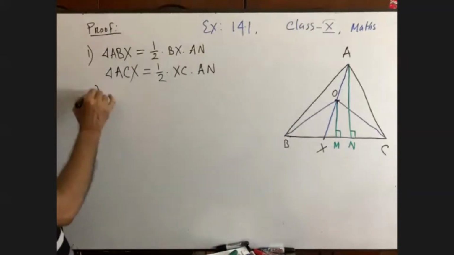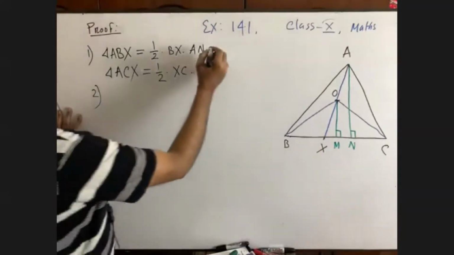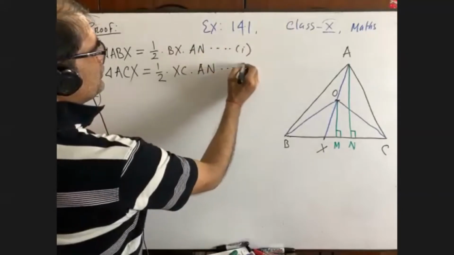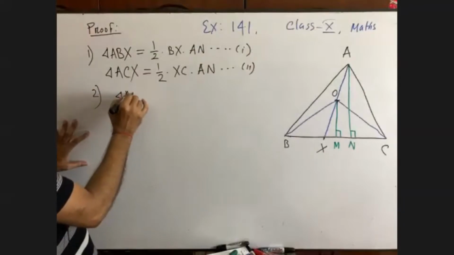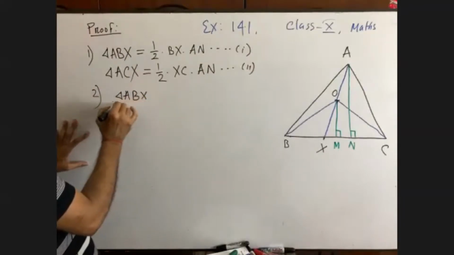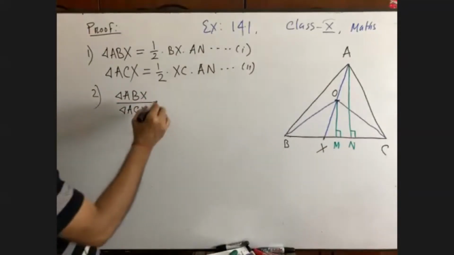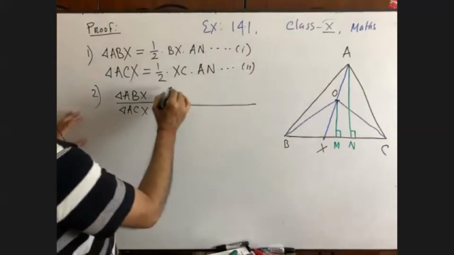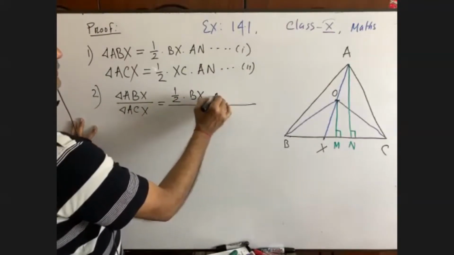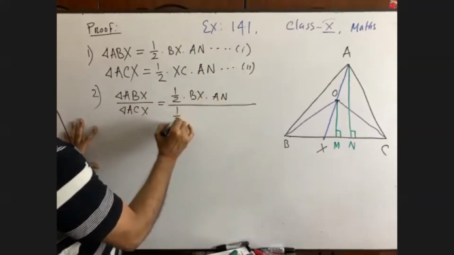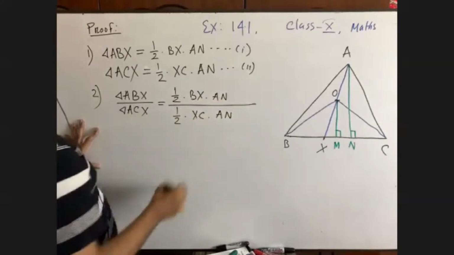Step number two. Now, if we go for dividing, this is equation one. This is equation two. 1 divided by 2, that is triangle ABX by triangle ACX equals to half into BX into AN, half into XC into AN.